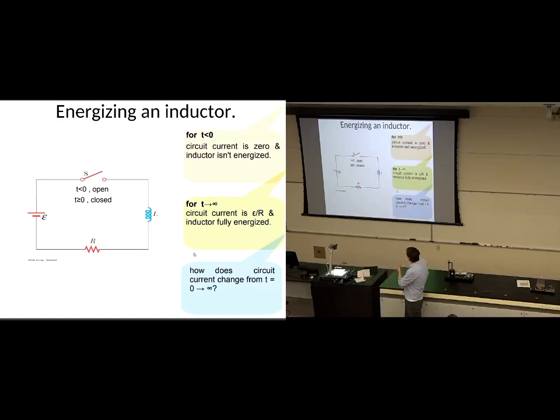If I close the switch, so at time 0 I'm going to close this switch, suddenly there is a current flowing through the circuit. There's a current flowing through the resistor, there's a current flowing through the inductor. Suddenly there is a magnetic field, a magnetic flux through the windings of the inductor.